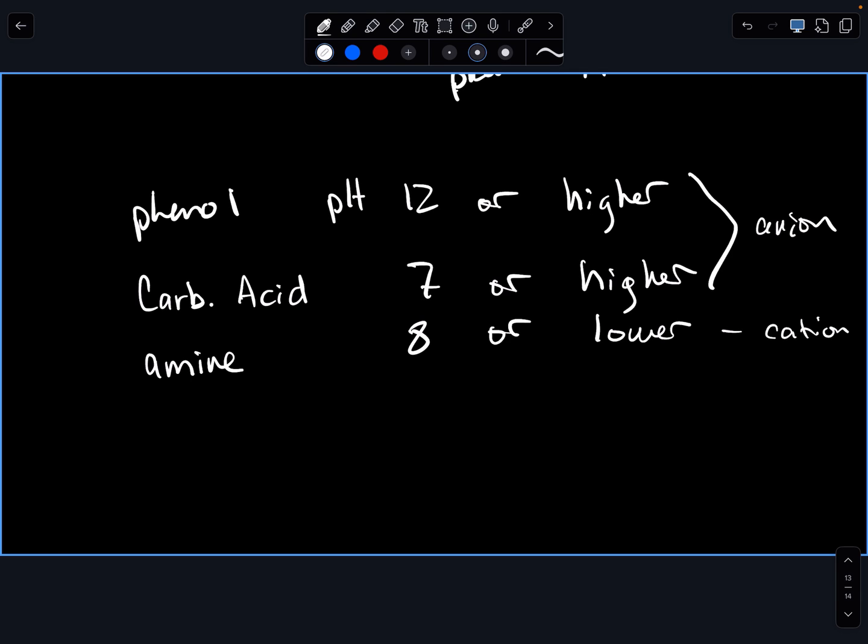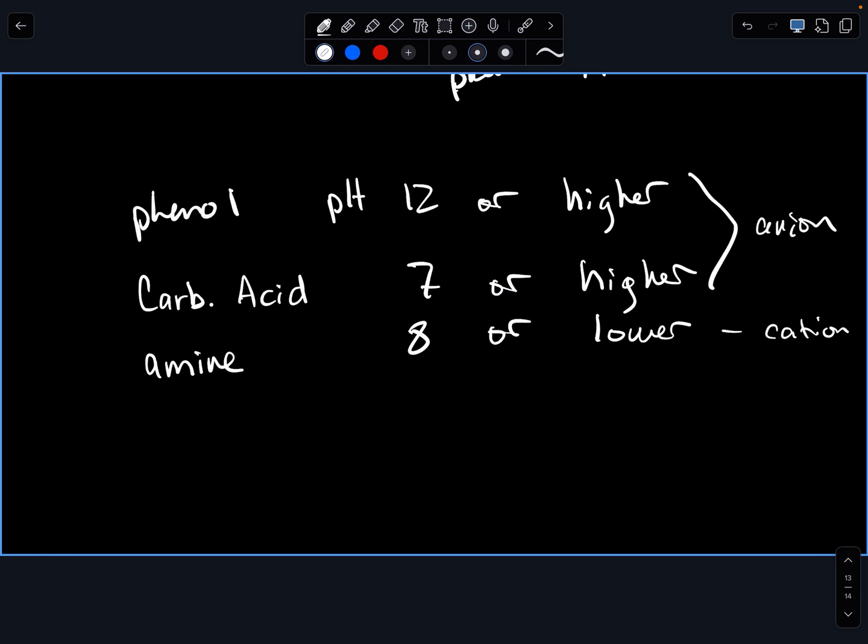So what you want for the phenol and the carboxylic acid, because they're acids, they like to give away H+, to charge them, you need to put them in a solution where the pH is a couple units higher than the pKa. Because if you go right to the pKa, you get a 50-50 mix. We want to push it all the way. So we go a few units higher. Phenols have pKa's of 10, so we want to go pH 12 or higher.